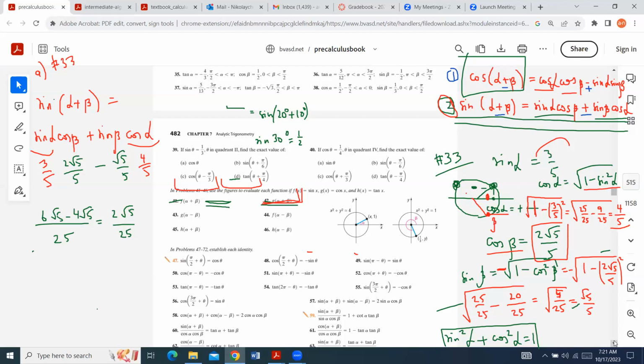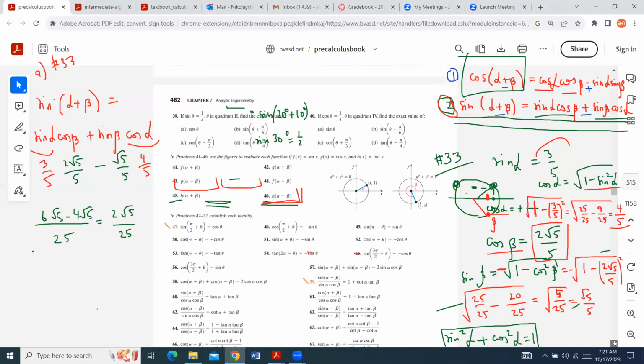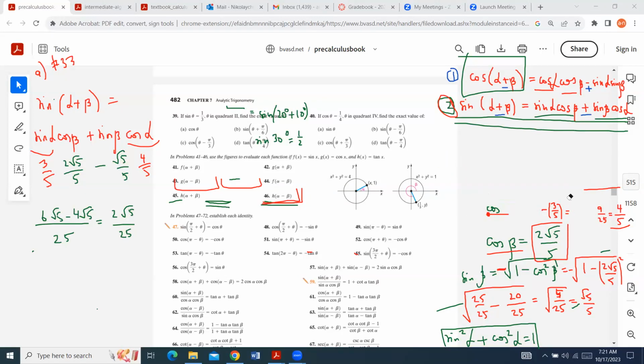So I'm going to do an exercise that says establish identity. Look at this. More problems that came from the previous section. Remember, last time we had some fun with complicated looking exercises that we had to produce from the left side, the right side, or from the right side, the left side.